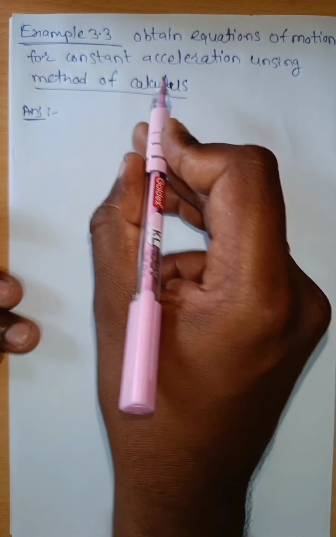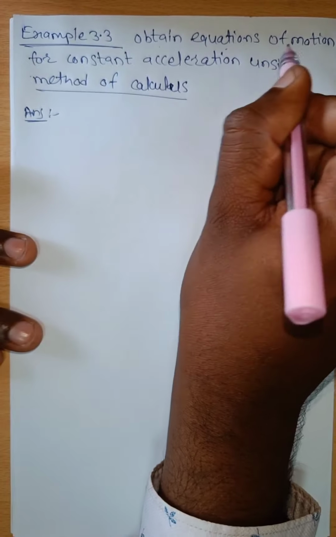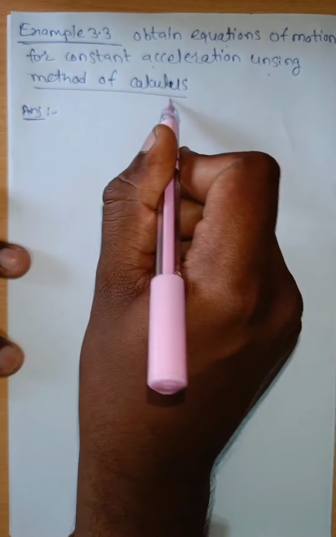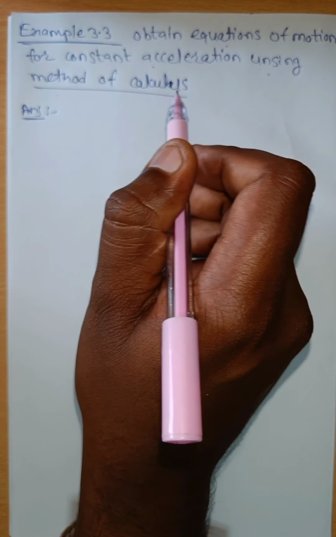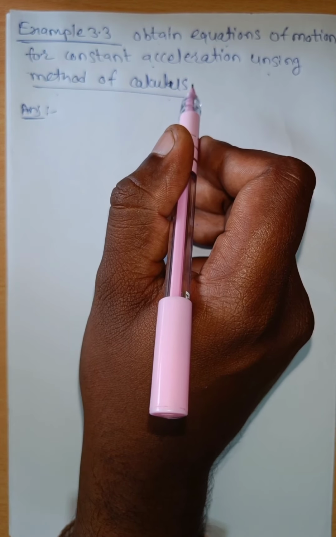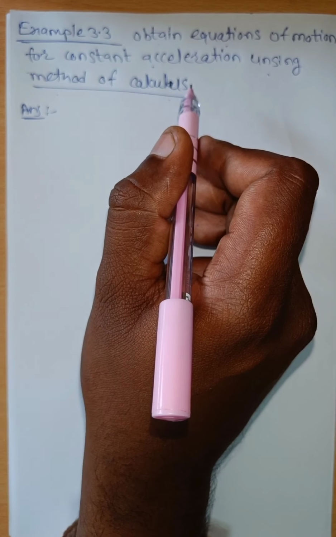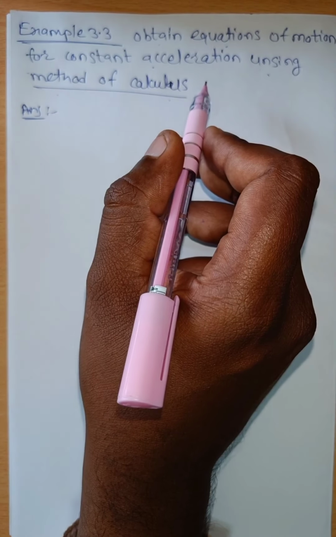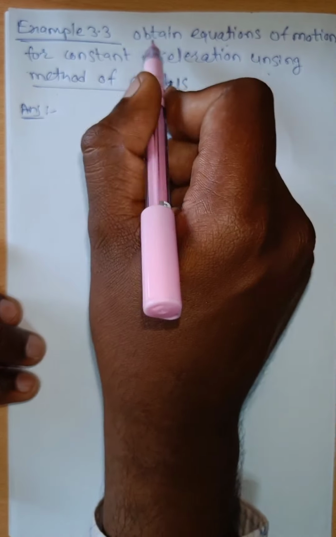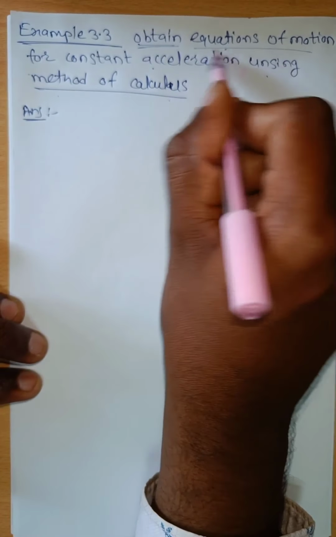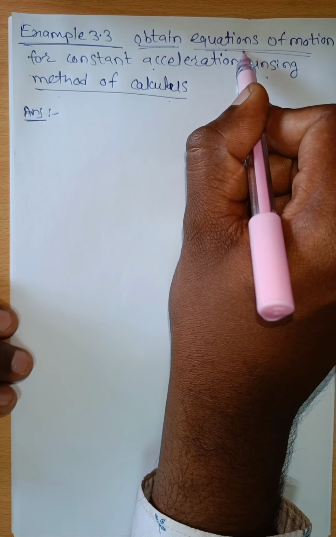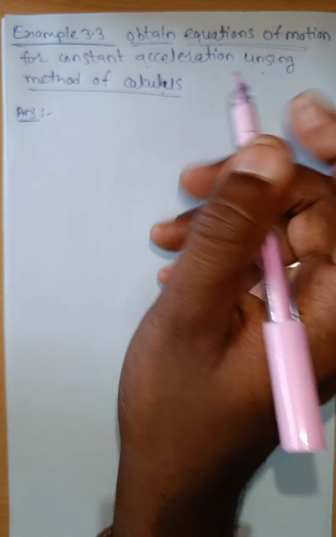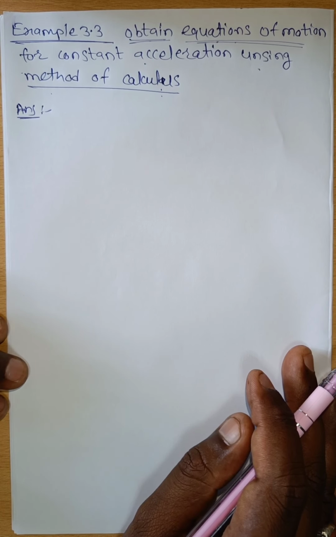Now next, example 3.3: obtain equations of motion for constant acceleration using the method of calculus. This question is about the kinematic equations we saw previously: derive the kinematic equations, or obtain the equations of motion, using the method of calculus, that is, by using integration.